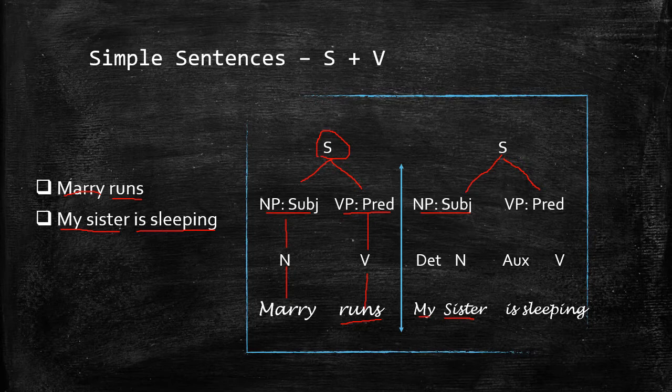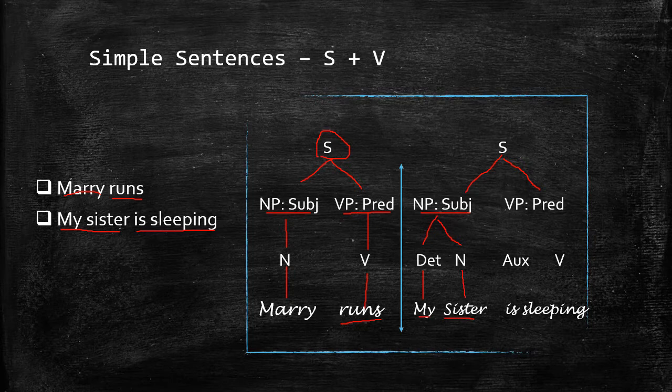And after that, in NP we have two forms. We have determiner, it is my, possessive selalu menjadi determiner, possessive pronoun, and then the noun is sister.